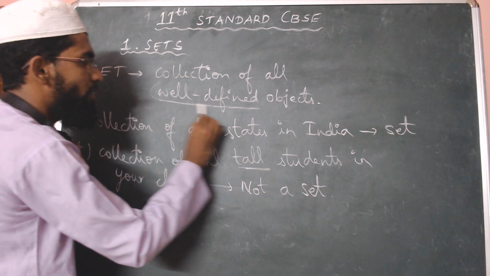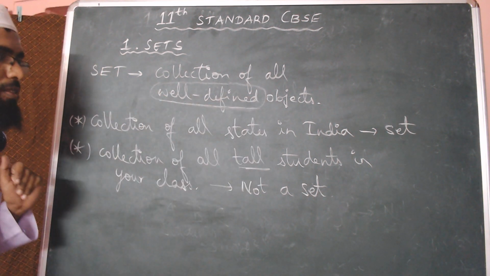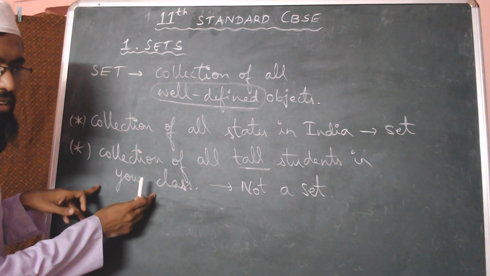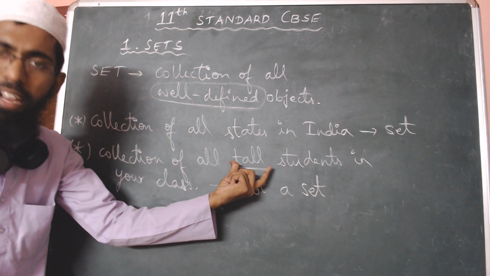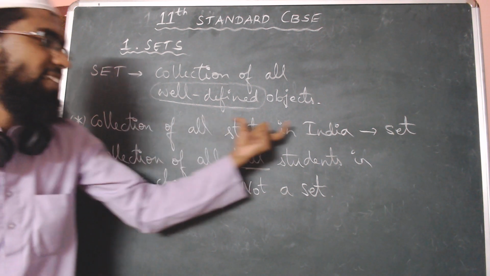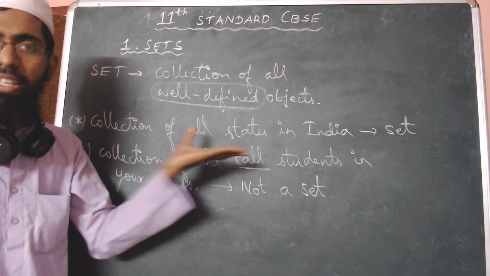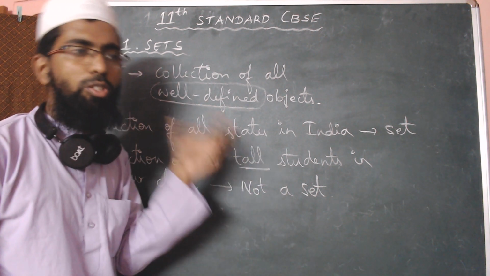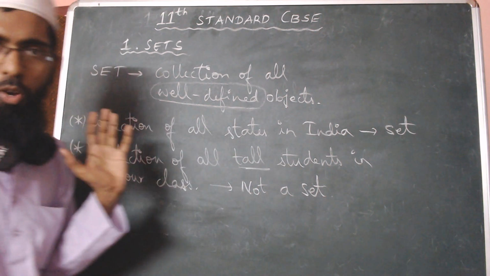Why did I say this word is very important? Because if it is not well-defined, as here, where tall is not a well-defined statement, it is not a set. But for the collection of all states in India, it is well-defined. We can tell whether any element belongs to this collection or not. Hope you got it.